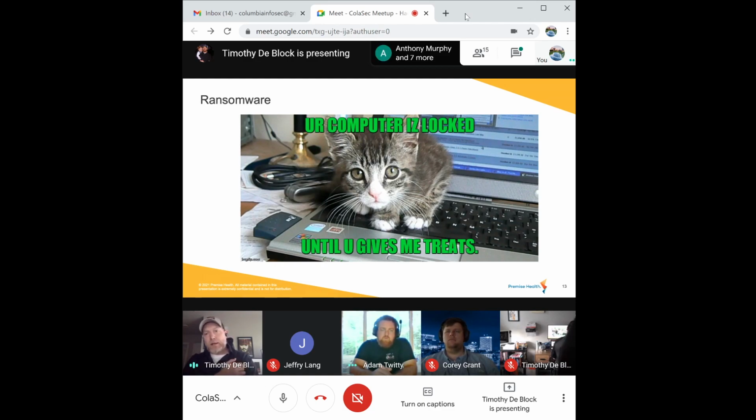So the Black Kingdom gang left a ransom note claiming to encrypt files, but they were not actually encrypting files until they figured out their mistake.